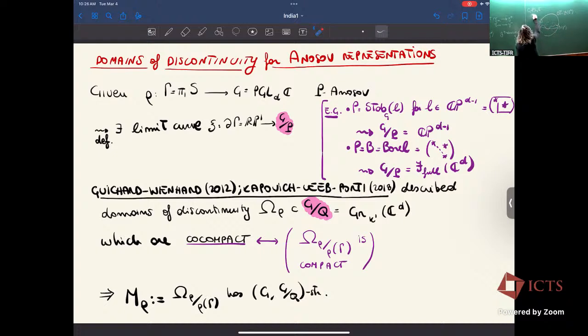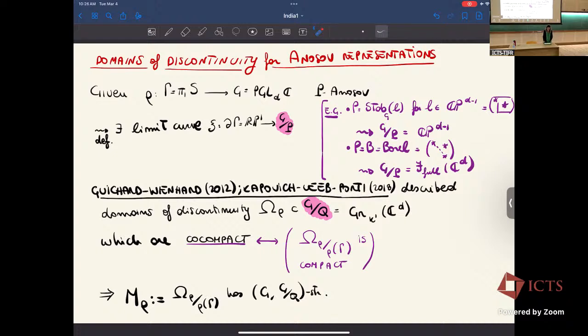This is also SP2(C) if you want. Here, removing the limit curve, the two topological disks are a domain of discontinuity for the action. In the setting that we will discuss, it will be more complicated, because we will have the limit curve possibly in one space, and you need to change the flag space to get this domain of discontinuity. You might not do it uniquely, so you have much more variety of domains of discontinuity.